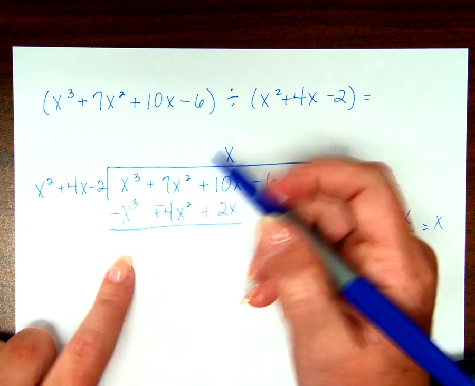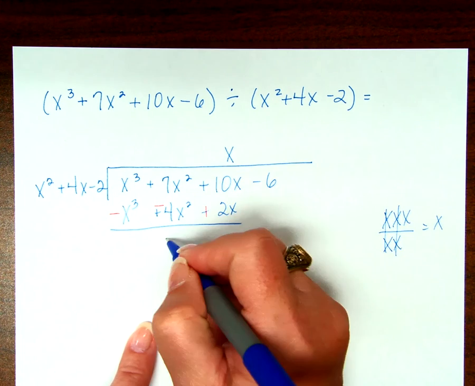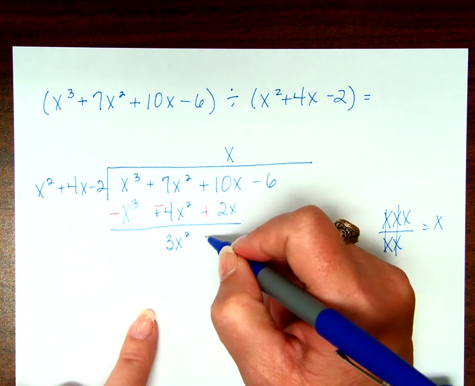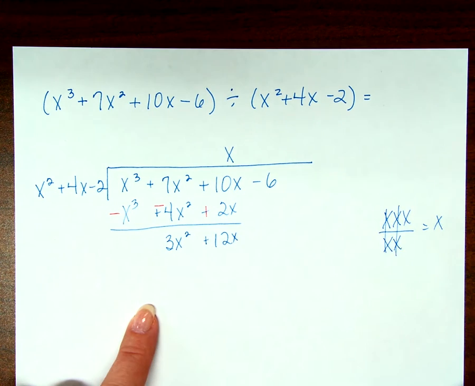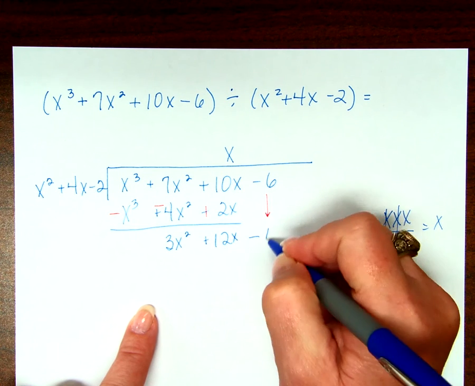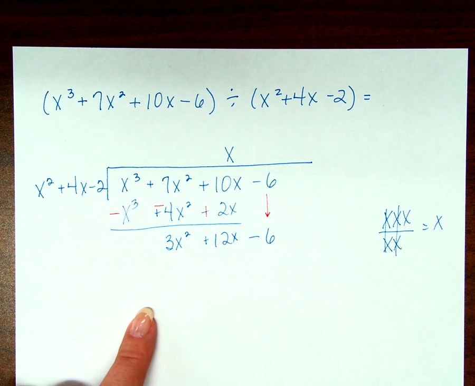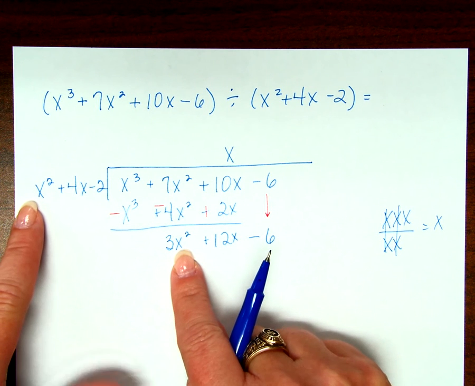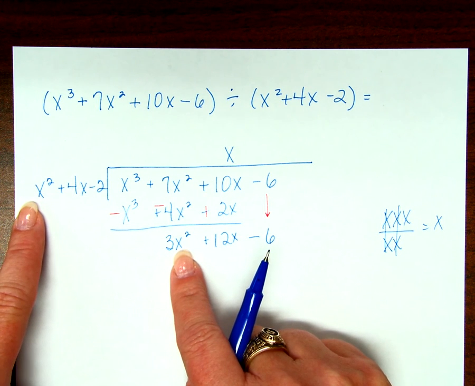So this is 0. What's this? 3x squared. What's this? 12x. And then bring down the minus 6, right? Now what? Start over, right? 3x squared divided by x squared. So 3.